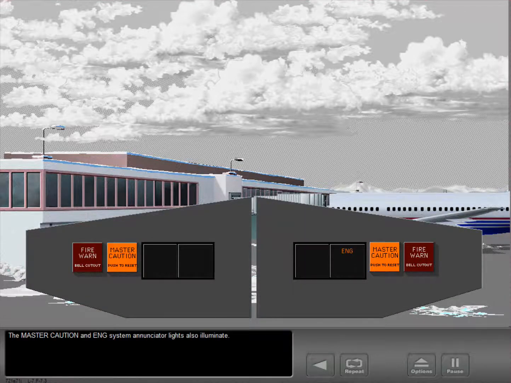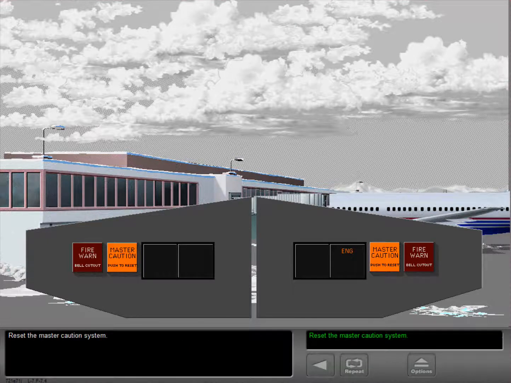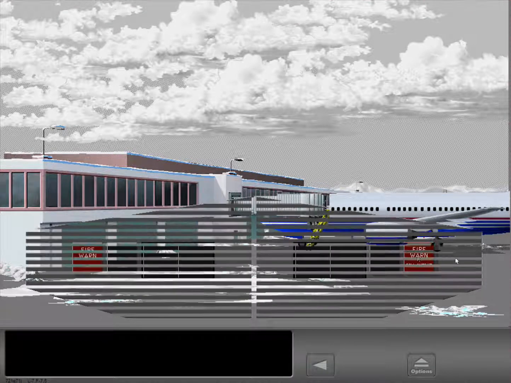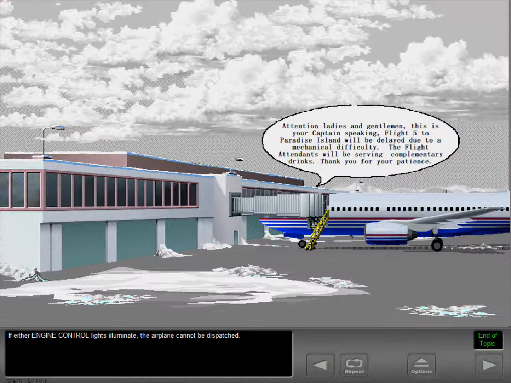The master caution and engine system annunciator lights also illuminate. Reset the master caution system. If either engine control light illuminates, the airplane cannot be dispatched.